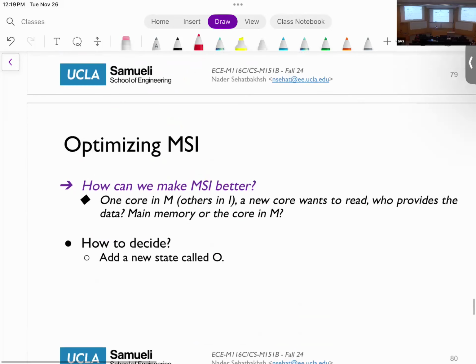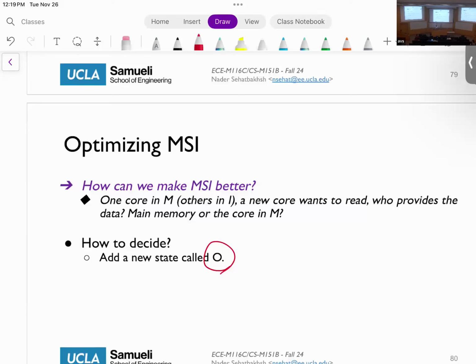Essentially, we introduce this new state called O, which stands for owner. What it does is, when one cache is in M state and the other cache is in I state, and a read is issued, the M state will provide the data to the other cache, so no write is necessary.